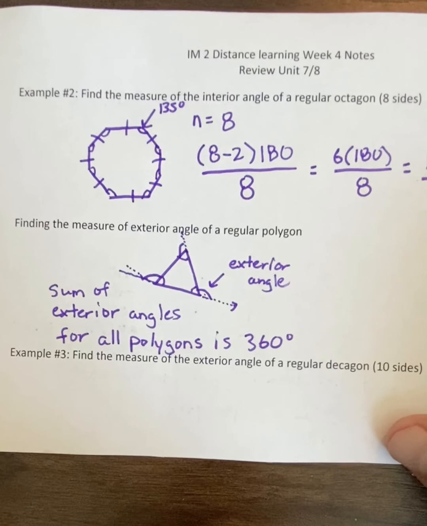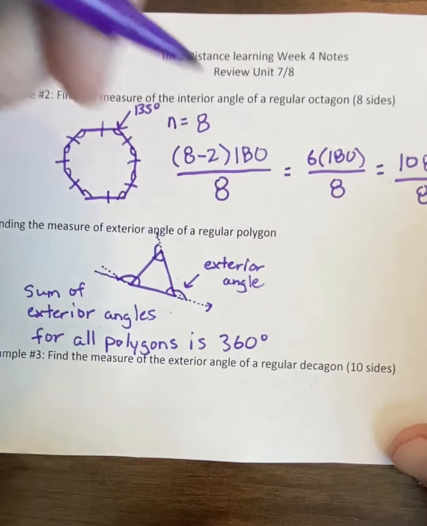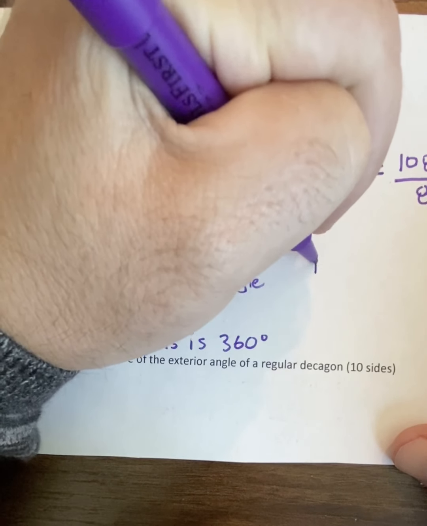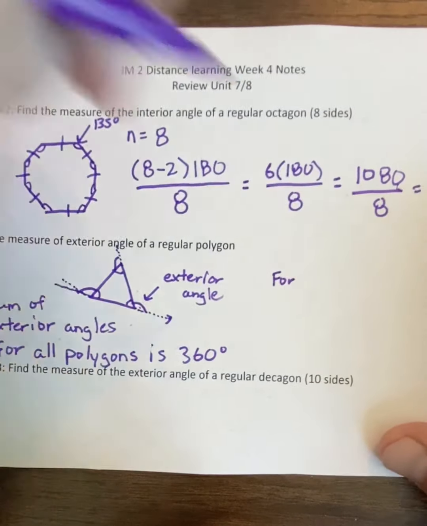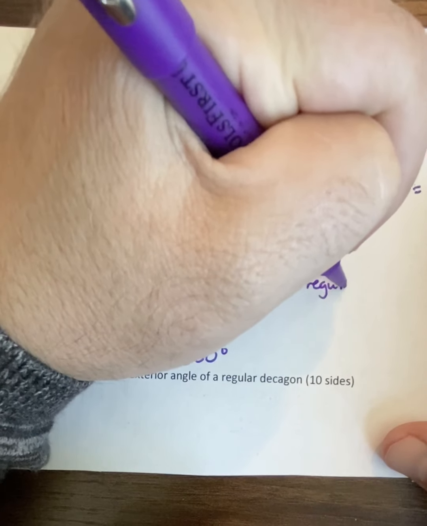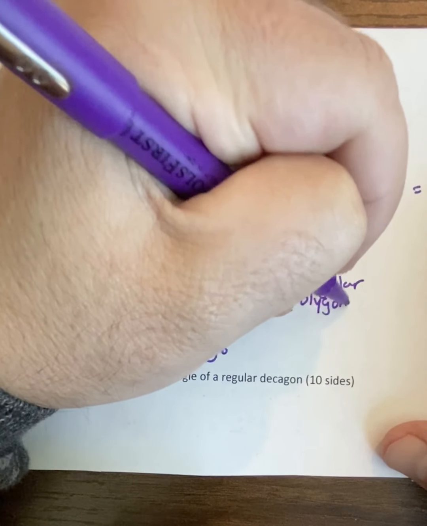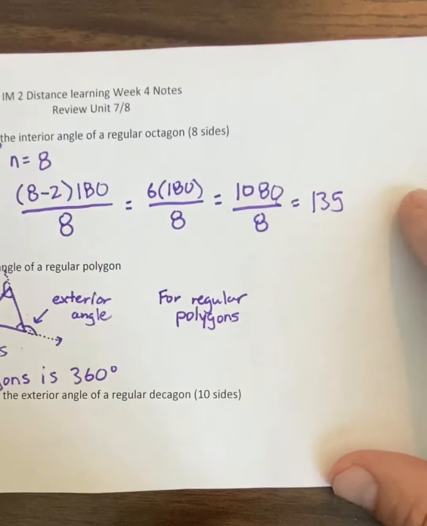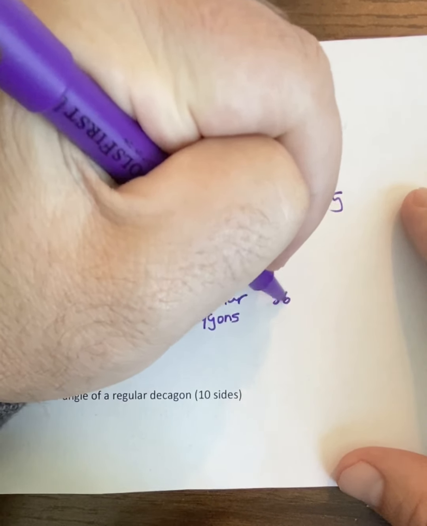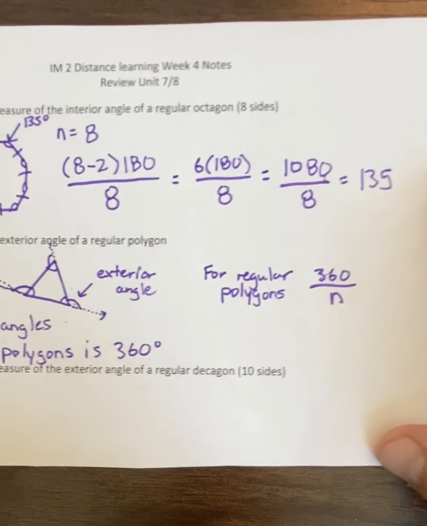Okay, so like interior angles with regular polygons, they are also equal. They're all the same. And so to get, for a regular polygon, the measure of 1, we would just take 360 and divide by the number of sides. So 360 divided by n.